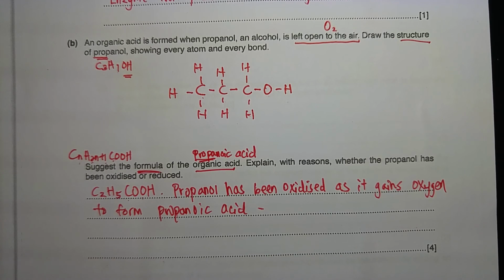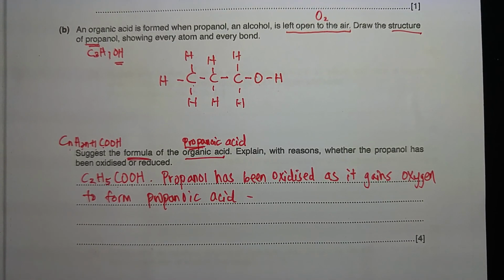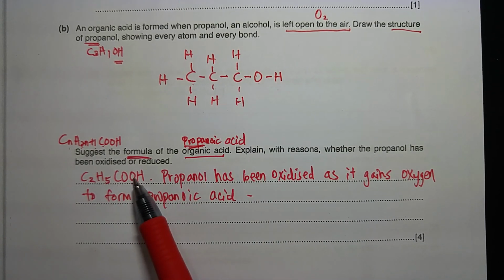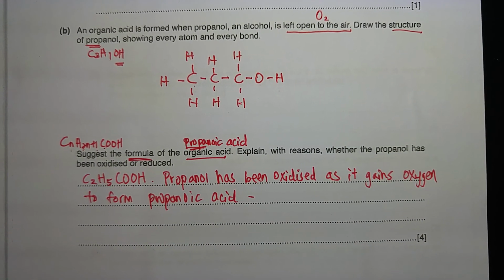That would be the answer for this. Okay, so that's for number 9. Again, 4 marks: 1 mark for the structural formula, 1 mark for the formula of the propanoic acid, 1 mark for oxidized, 1 mark for the reason.